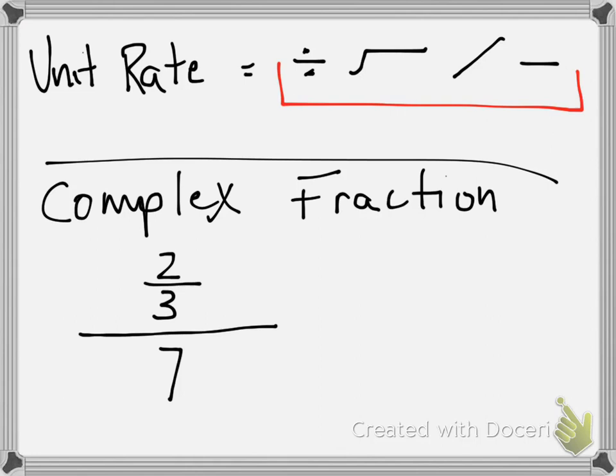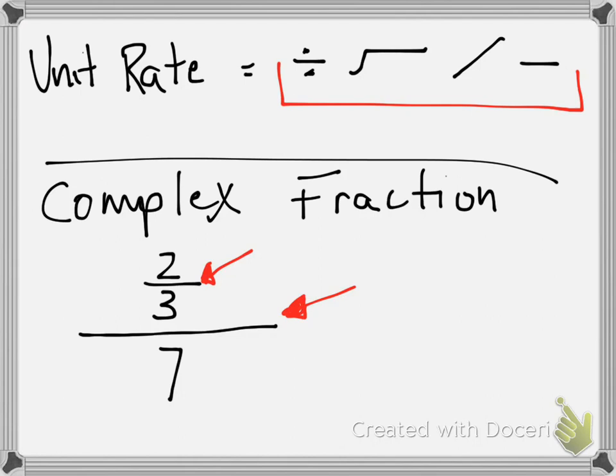Well, we've talked about this fraction bar right here meaning a few things. It means division. Just like this one right here also means division. It means 2 divided by 3, 2 out of 3. This larger one would be 2/3 over 7, or 2/3 divided by 7.